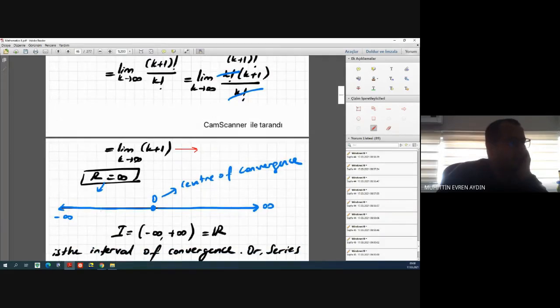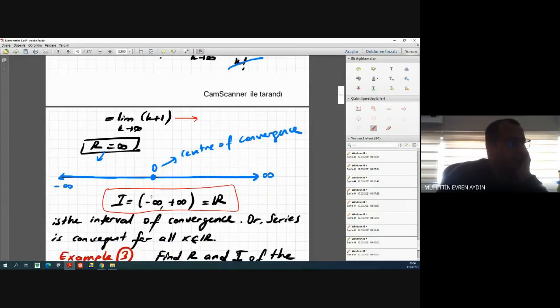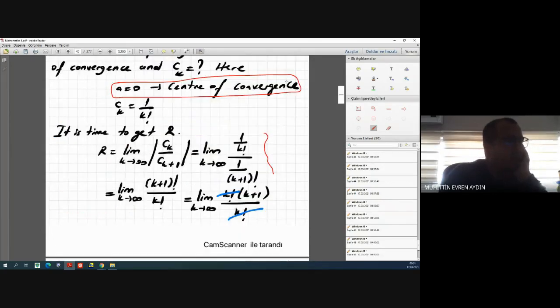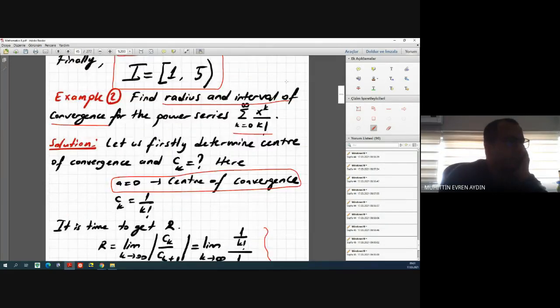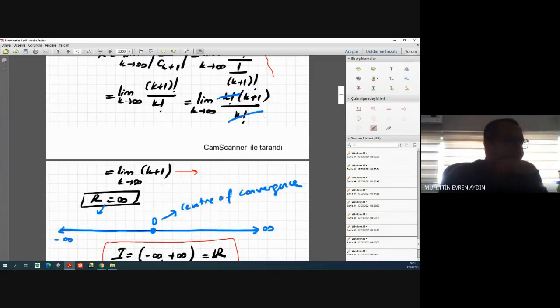Then our interval is the real axis, which means that at all points of the real axis, our power series is convergent. Yes, such a power series is convergent at each point of the real axis.